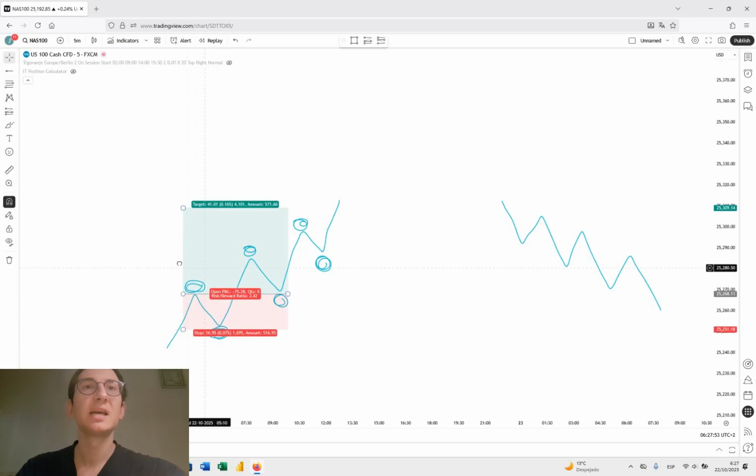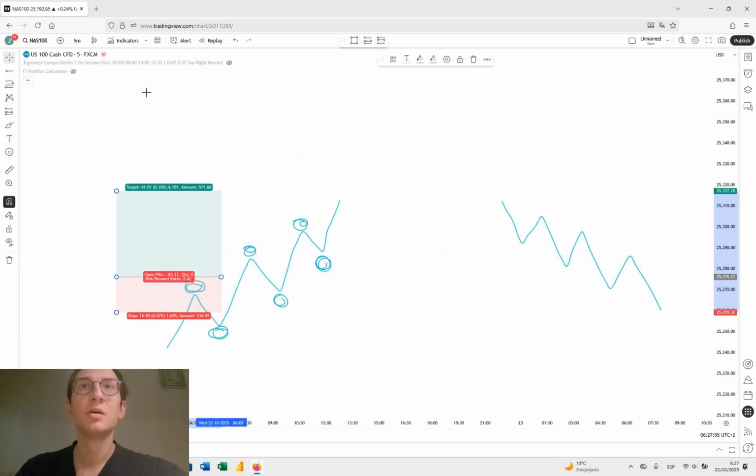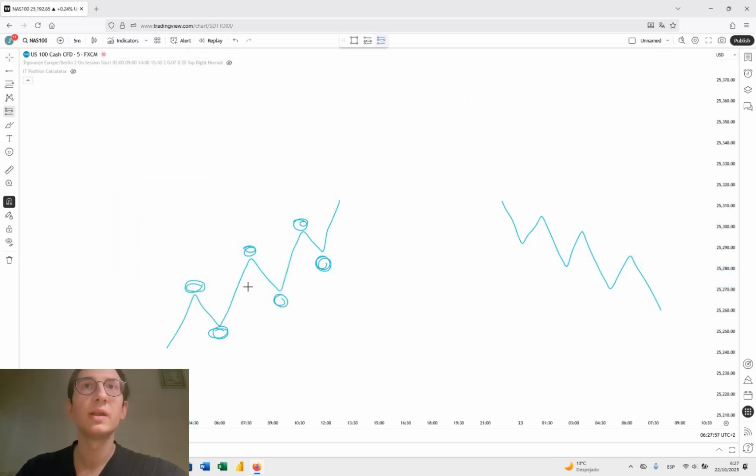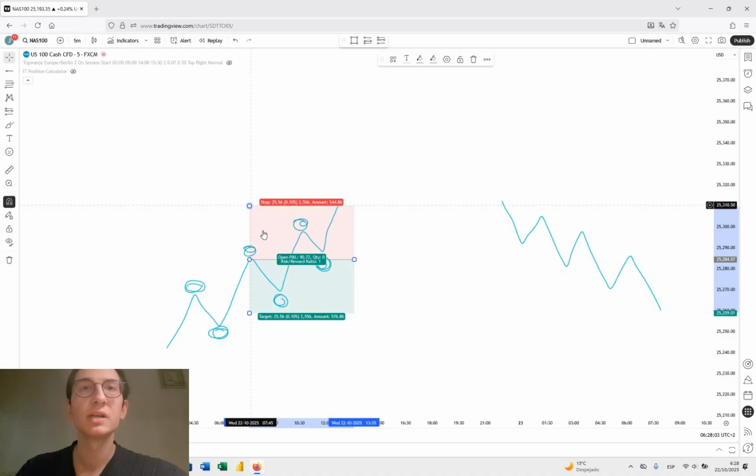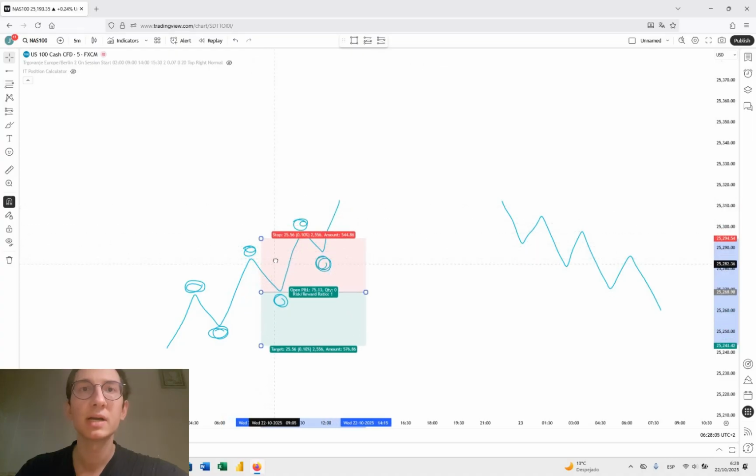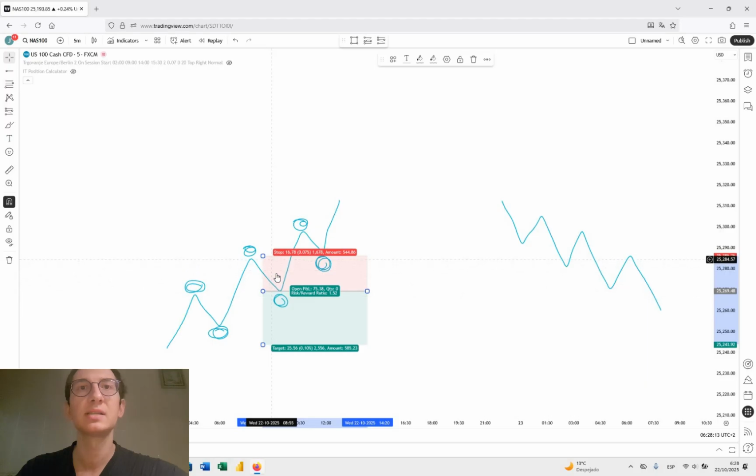Same here. For example, one guy sees the price went up to this point and is sure it's going to go down. So when the price goes down, he enters a position and puts a stop loss just above this high, so that if the price goes above this high, he sells the position for this amount.